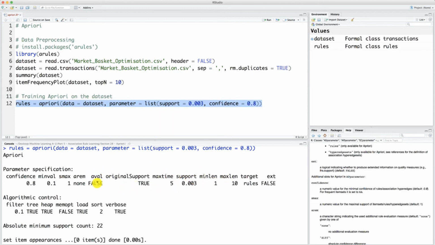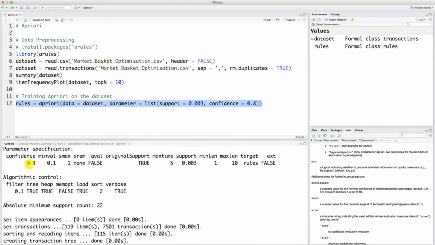And we also have the minlen of the basket. That means that the basket that the rules will consider will contain at least one product. Well, we could have actually set 2 here to have at least 2 products in the rule. We'll see if we get a problem with that, but so far, the most important arguments we need to input are the support and the confidence. Okay.